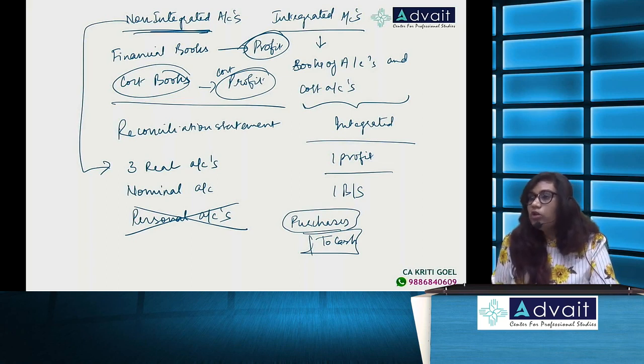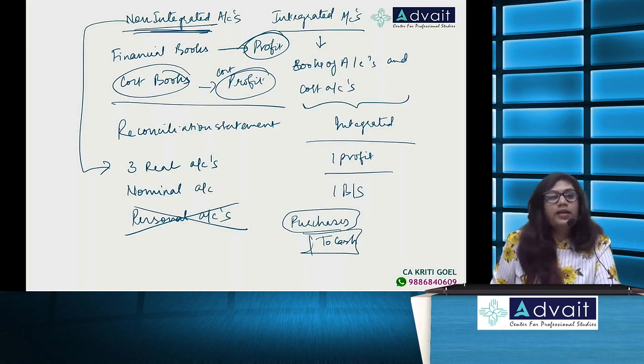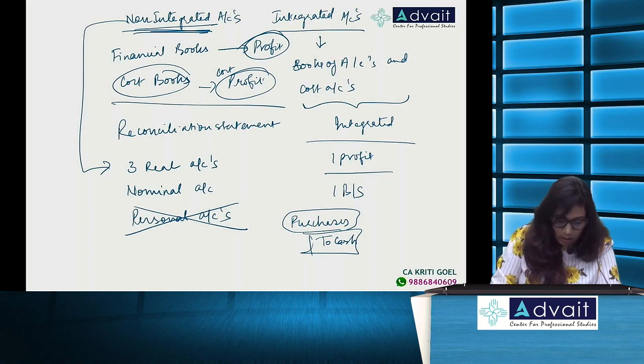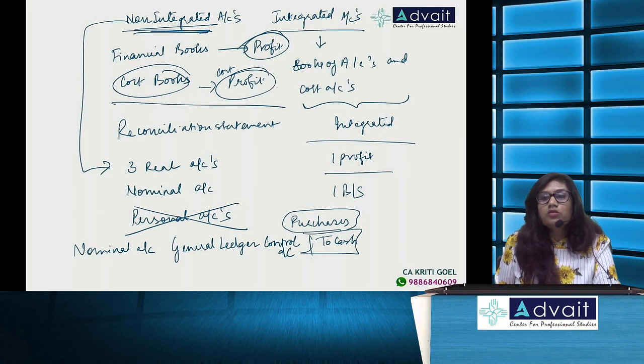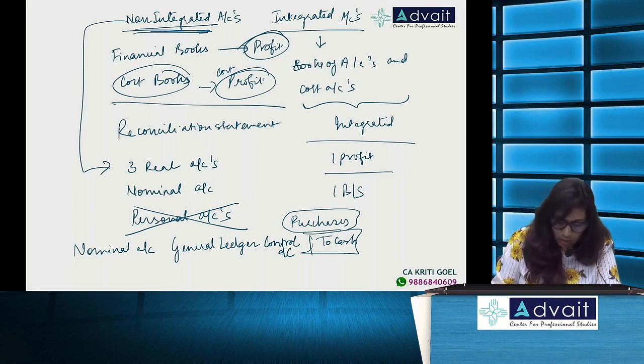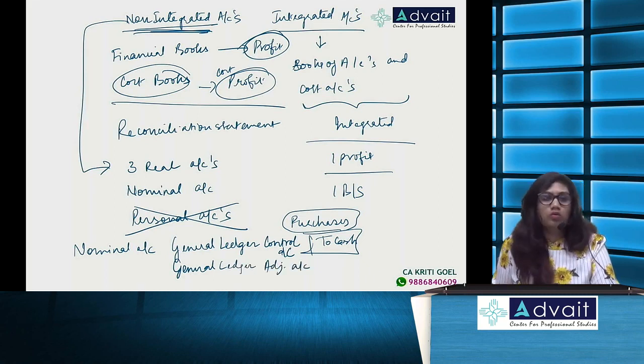So, in order to complete all my journal entries, in non-integrated accounts, I open a nominal account called General Ledger Control Account. General Ledger Control Account is also known as General Ledger Adjustment Account.